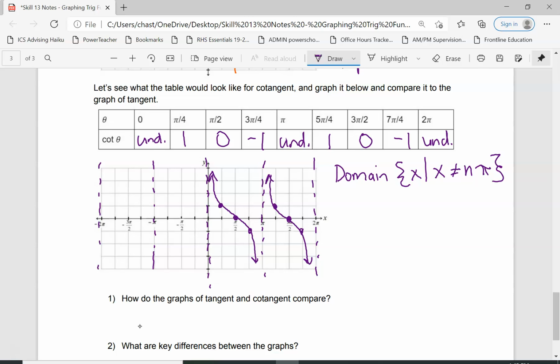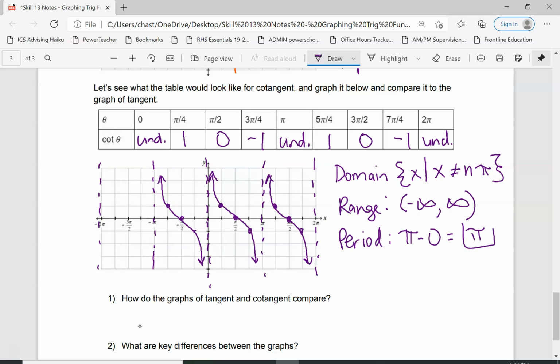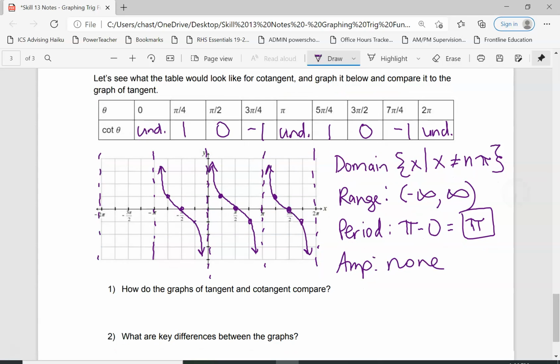And it would keep going on this cycle on the other side. When we talk about the range for this, we also have an unrestricted range because the arrows are on both ends. For the period, we go from 0 to pi, so pi minus 0 is pi. And for our amplitude, there is none because we go off to infinities.